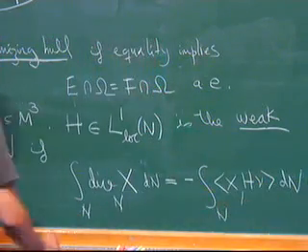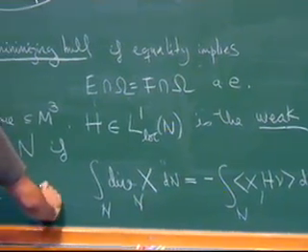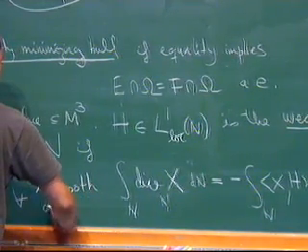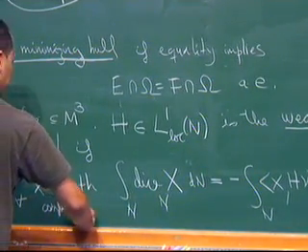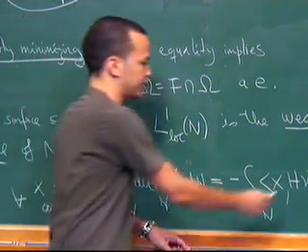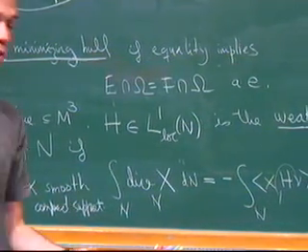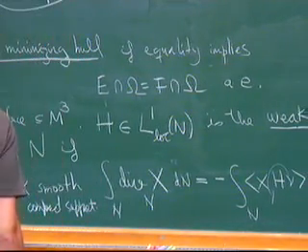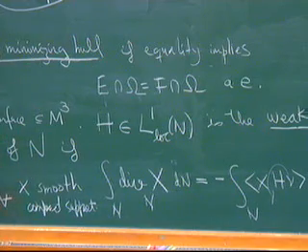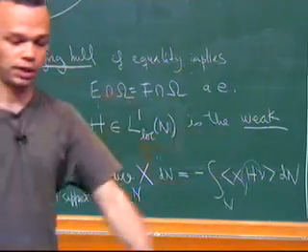If this formula holds for any smooth vector field with compact support, you say that H is the weak mean curvature of the surface. That's a definition. So mean curvature can make sense for some C1 surfaces, and actually all of these level sets will have a weak mean curvature in that sense.